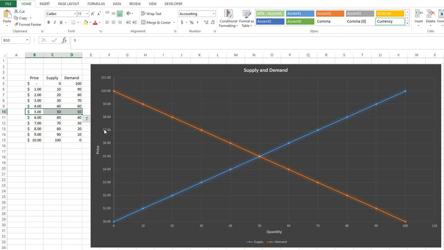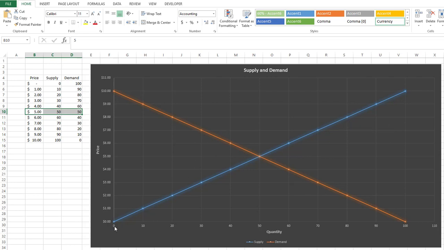At a price of $7 per burger, the restaurant owner is willing to supply 70 burgers. This is the difference between the supply, which is the whole curve, and the quantity supplied. The quantity supplied at $7 is 70. The quantity supplied at $8 is 80 burgers.